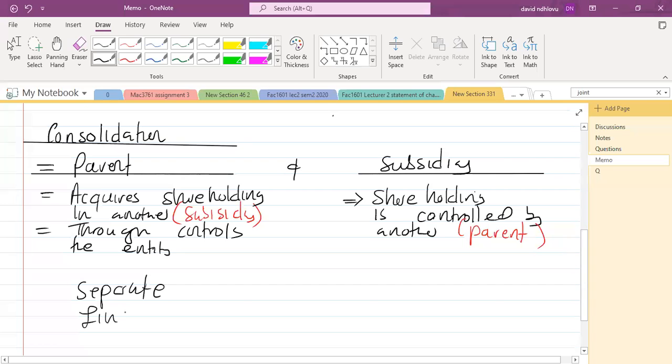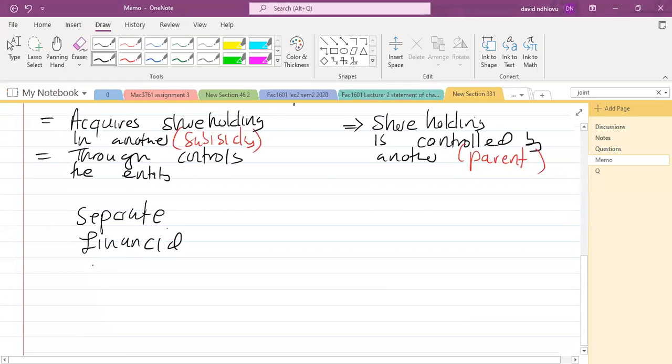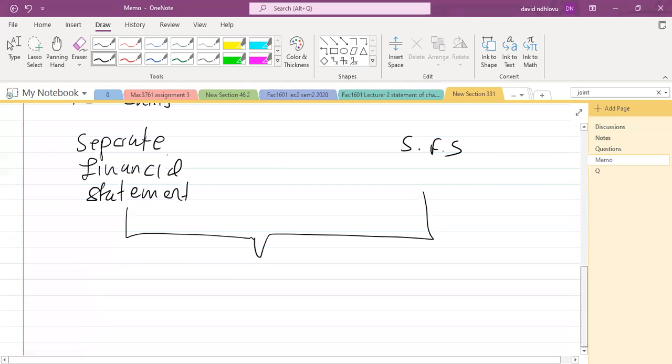These guys will have separate financial statements. Then consolidation now is the process of bringing the two financial statements together. So this then gives us consolidated financial statements. It's a combination of the two.